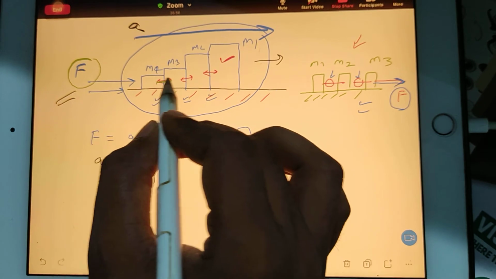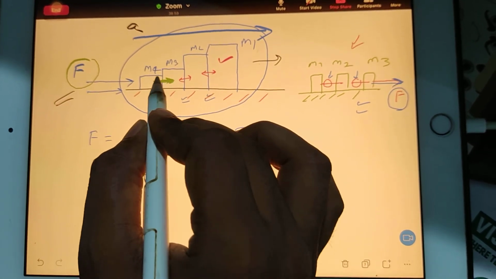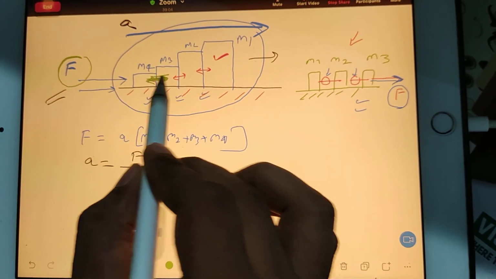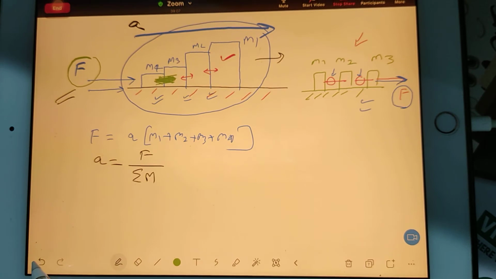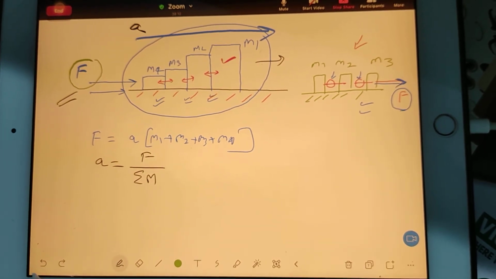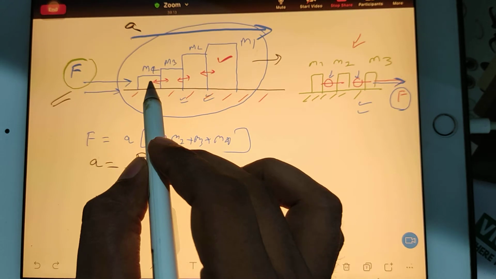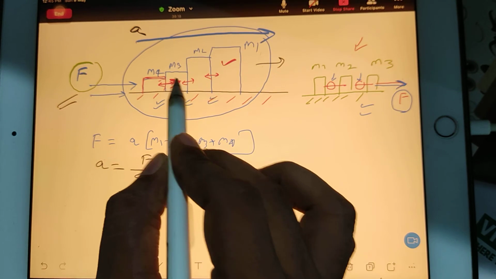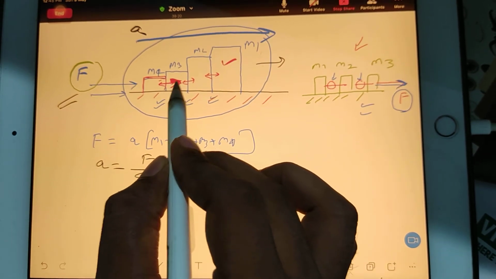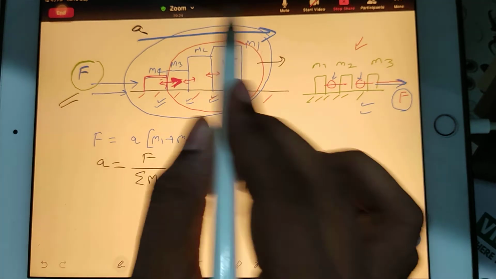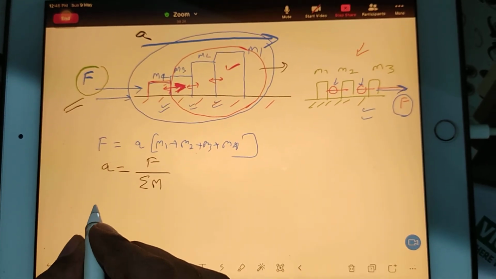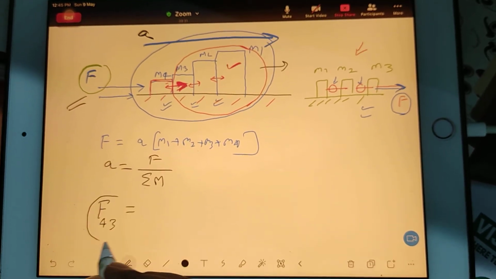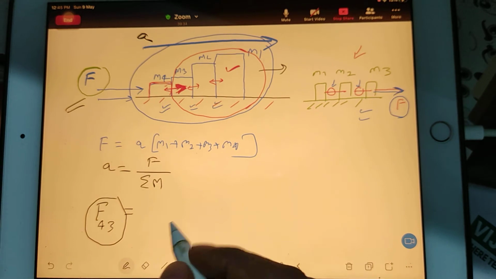If you want to find out the contact force here, like the first contact force, can you guess? This mass is applying some force here, and that is the contact force, but this force is pulling only this much mass. So the force of contact between mass 4 and mass 3 is this: m4 is taking care of how many masses? m3, m2, m1.